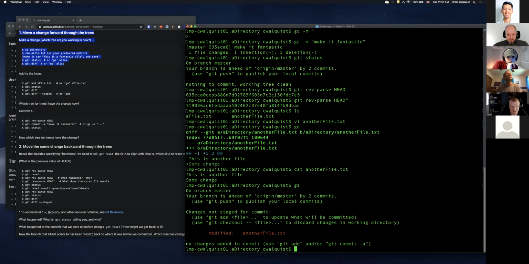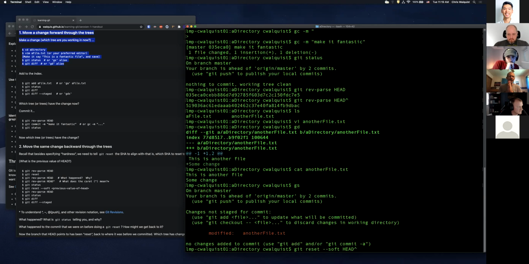So I can do a git reset --soft, and remember, I have to tell git reset where I want to go back to, and where I want to go back to is the previous commit, at least for some of my trees, not all of them. So what I'm saying is I only want my head to go back.